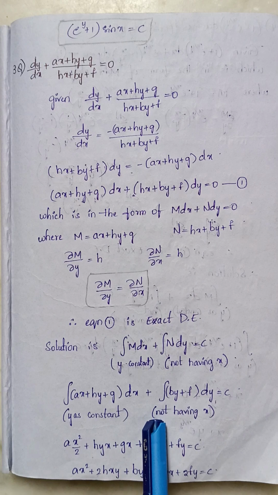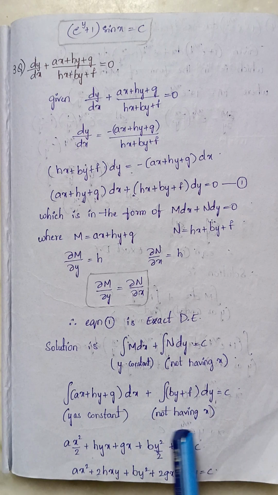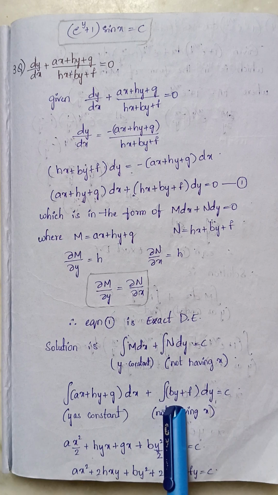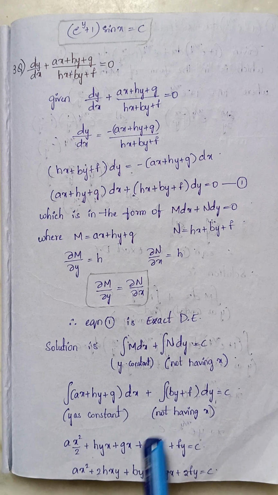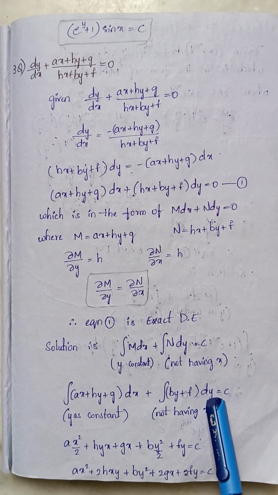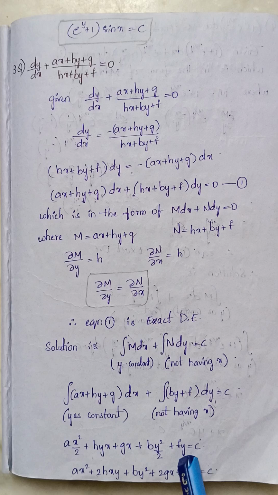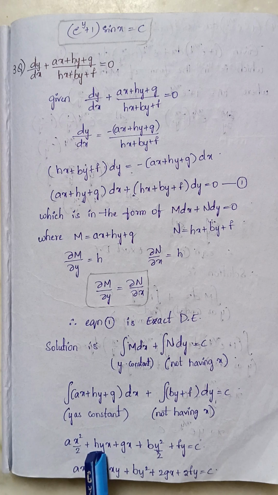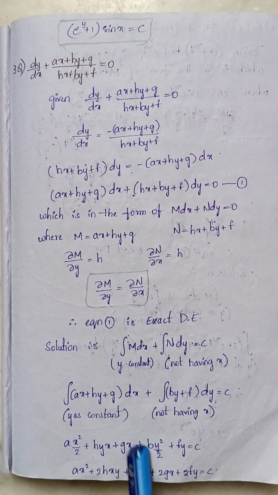Similarly here we have already taken only the terms not having x, so we integrate directly with respect to y: b is a constant as it is, and the integration of y is y square by 2. Similarly constant into dy means f into y. Taking 2 as LCM, it will be ax square, 2hxy, 2gx, 2fy, and by square here.